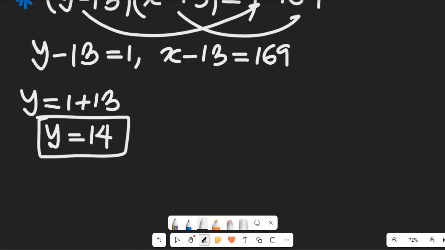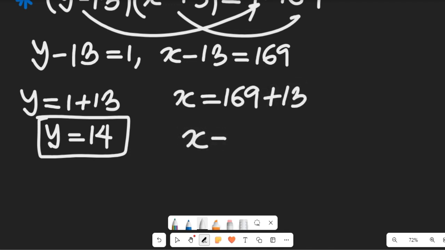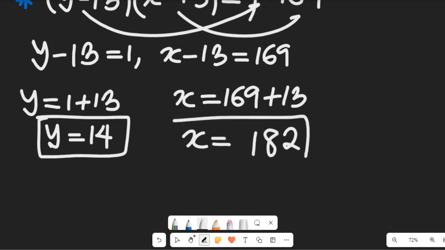In this case, we'll have our x equal to 169 plus 13, which is 182.